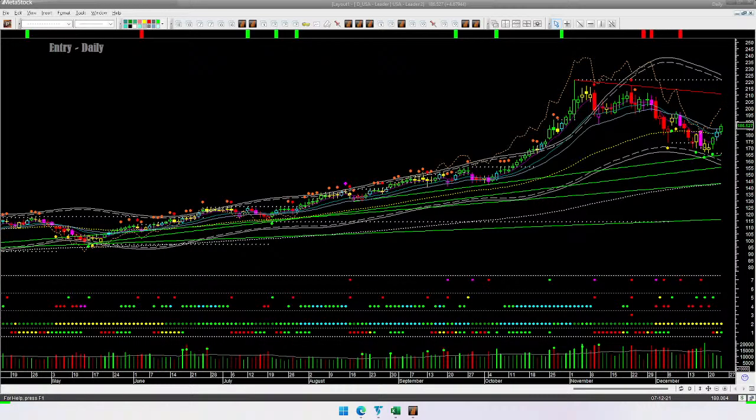Right now, what we see is how we could use the leader index to start to be cautious from here onward. That would save us a lot of pain. The leader index came down this much, but individual growth stocks would have come down a lot more, because these are the strongest of the strongest growth stocks in this area.